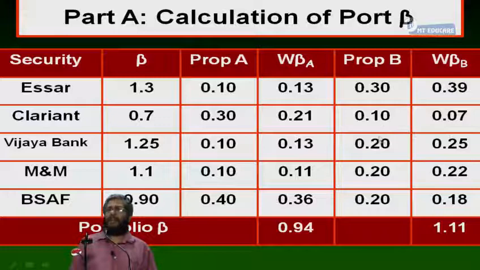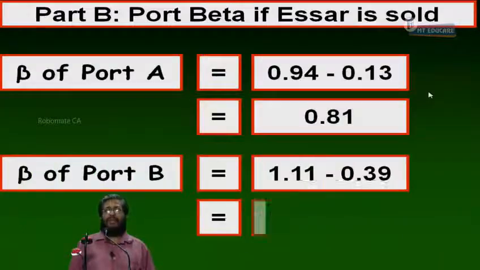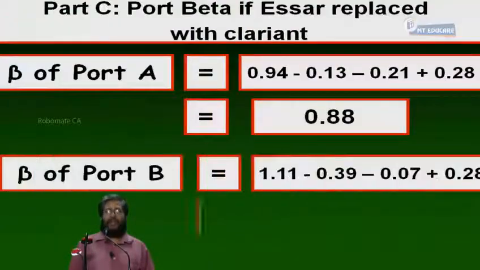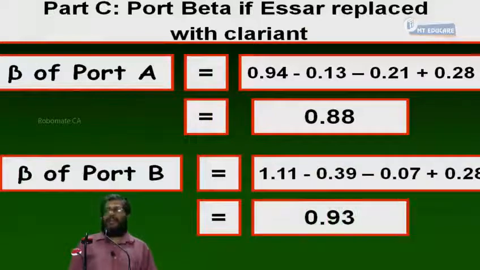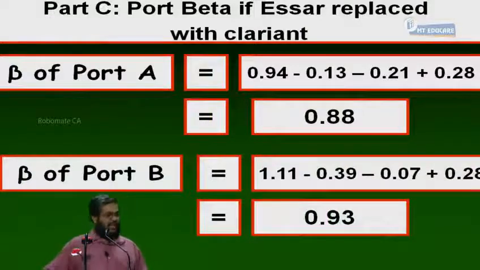Now this also becomes 0.4, and 0.4 into 0.7 gives plus 0.28. So 1.11 minus 0.39 minus 0.07 plus 0.28. Tell me what the beta of portfolio B is. 0.93. Portfolio B beta is 0.93.